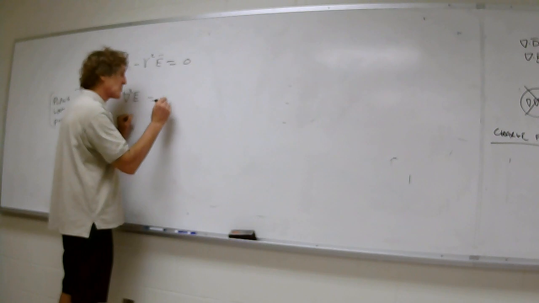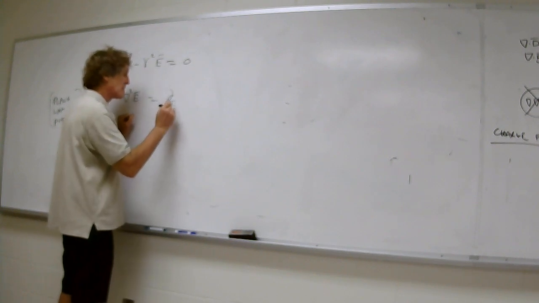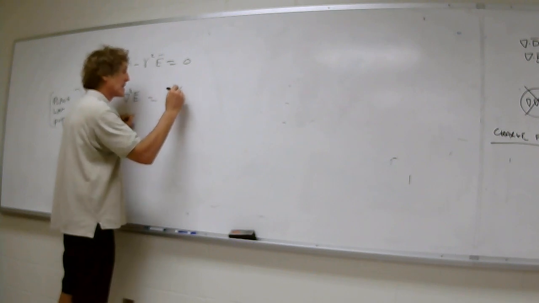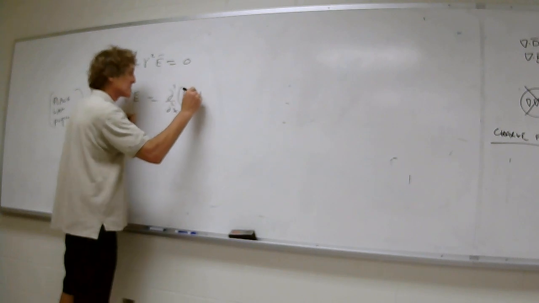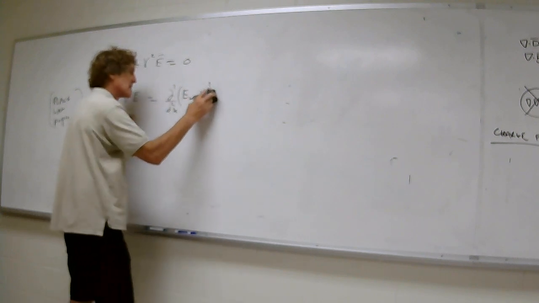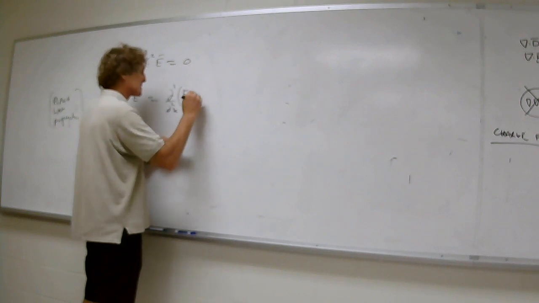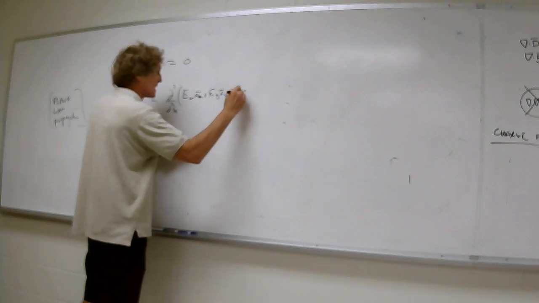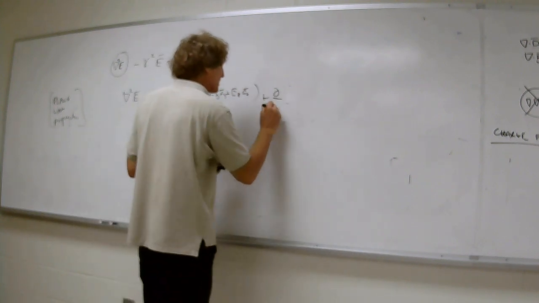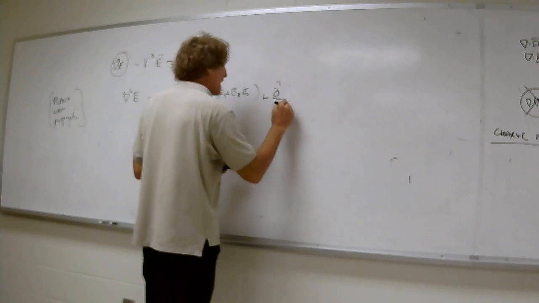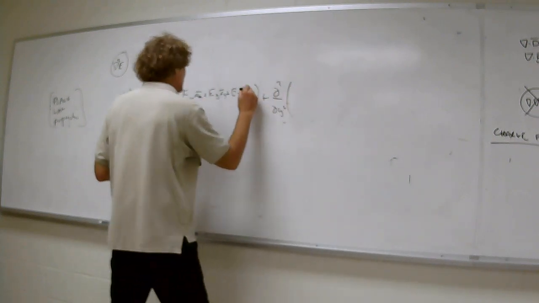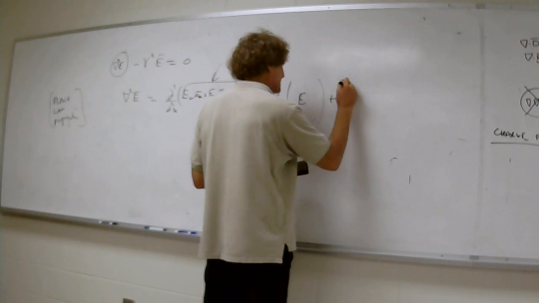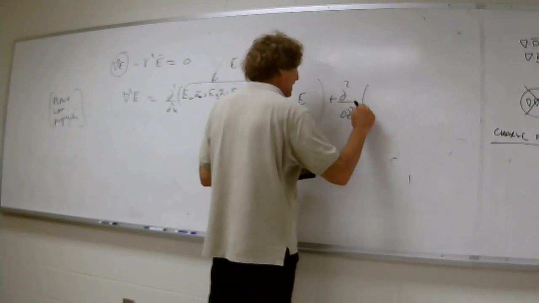Well, generally that del squared is the second derivative with respect to x of Ex ax plus Ey ay plus Ez az, plus the second derivative with respect to y of all this stuff again, and I'll just call this vector E, plus the second derivative with respect to z of vector E again.